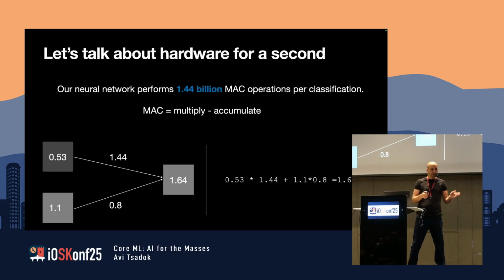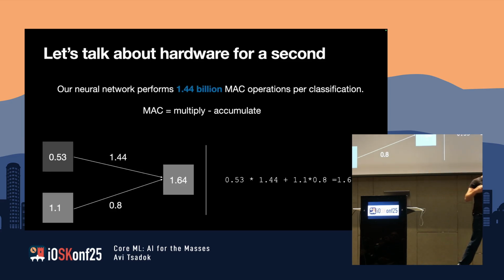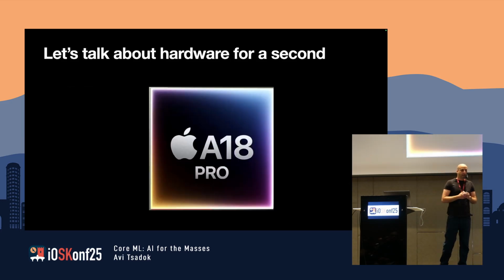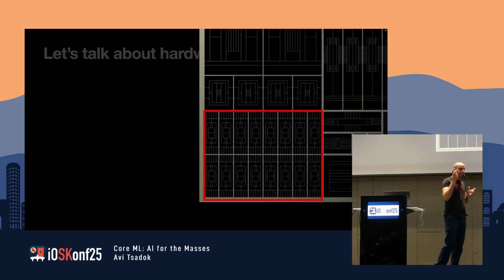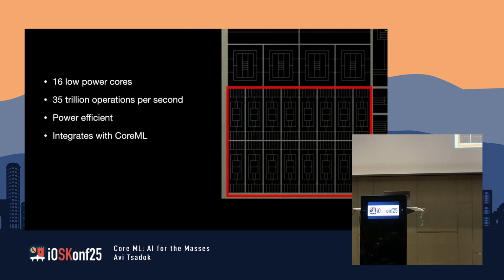For example, 0.53 multiplied with 144 plus 1.108. This is what neural networks basically do. And in order to achieve that, if we go to the hardware, for the SoC that we have, the A18, we can drop it and see what's inside. We talked about the neural engine yesterday.